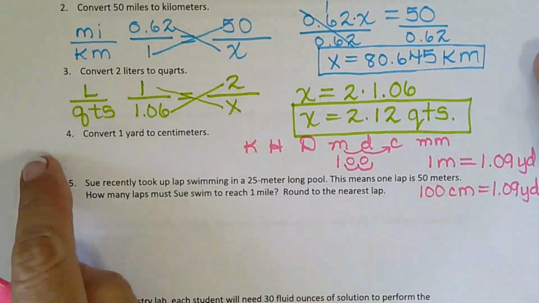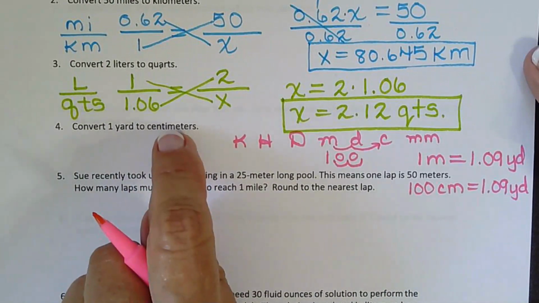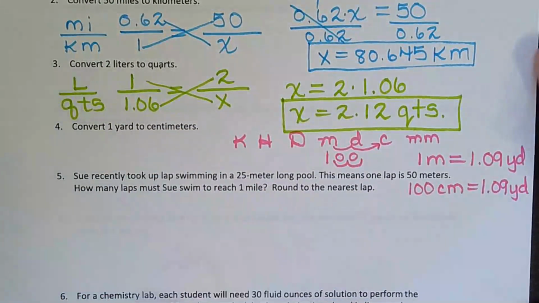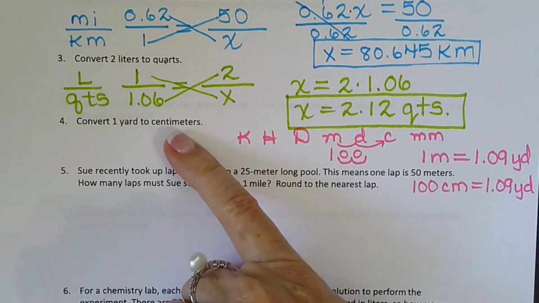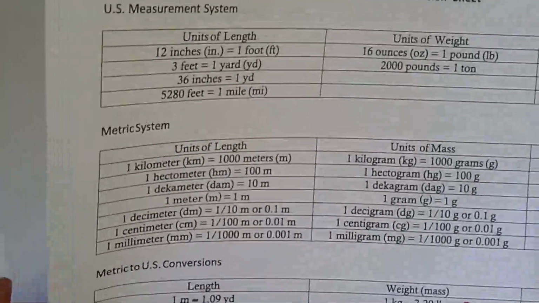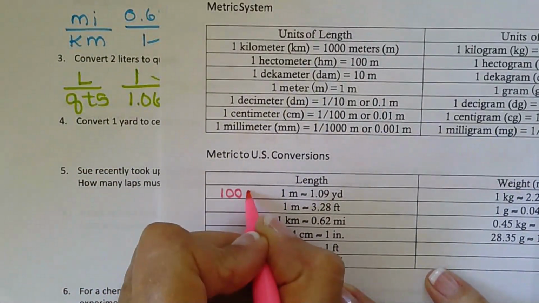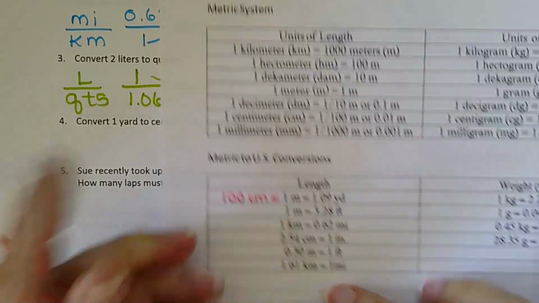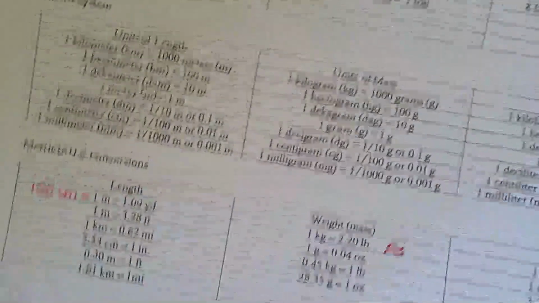So anytime your measurement is not there in your formula sheet, that means you need to change your formula sheet to match this. So 1 meter on the formula sheet turns into 100 centimeters. And you're not supposed to write on this. I am, just because I'm doing the videos, but don't write on this. You're not supposed to write on it before the test.